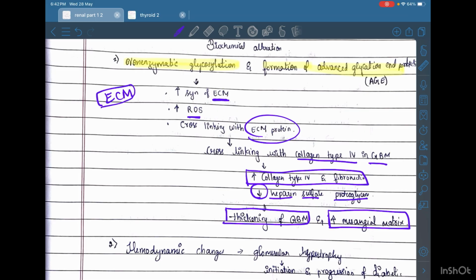Basically they cause cross-linking of collagen type 4 in the basement membrane, which increases the thickening of the glomerular basement membrane as well as the mesangial matrix. They also increase the reactive oxygen species.